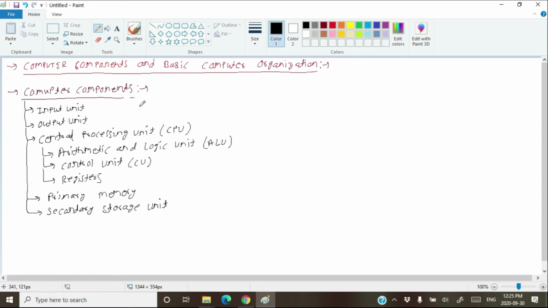Further, we will learn all these points in detail, but for now, let's discuss these points one by one in short. So, what is the input unit?